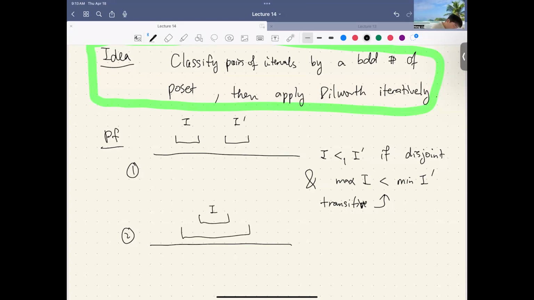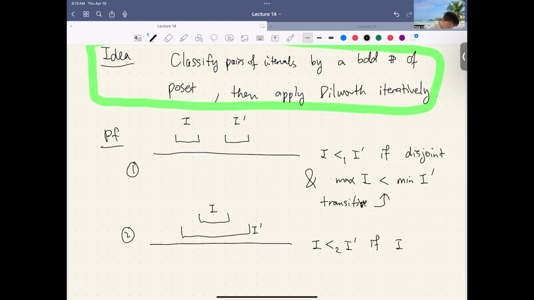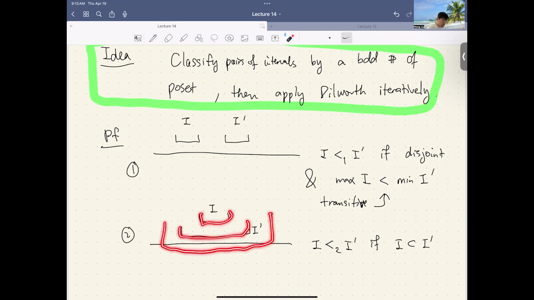So if we have 2, I and I prime, intersecting, and then one is a subinterval of another, if I is a subset of I prime, all right? And it's also easy to check, this is transitive. If one is a subset of another, which is a subset of a third one, then of course the first one is a subset of the third one. Easy to check. This is again transitive.